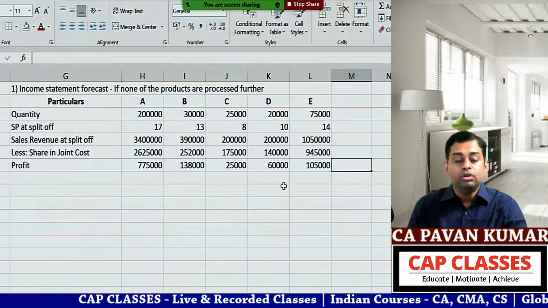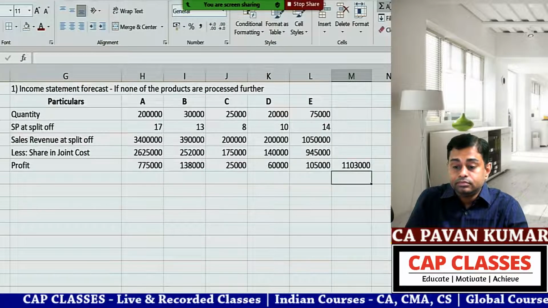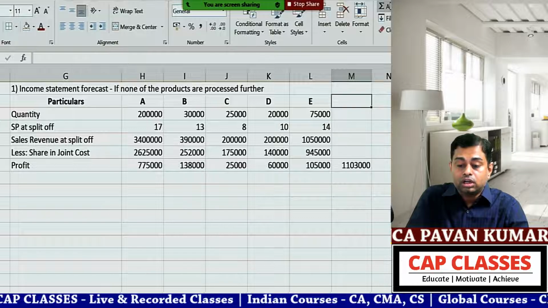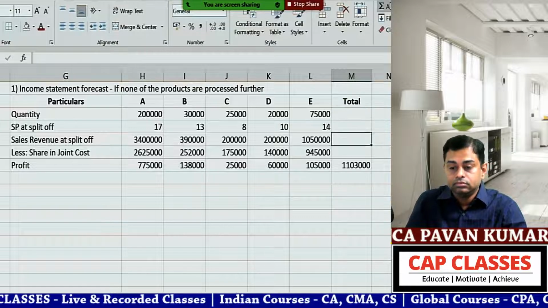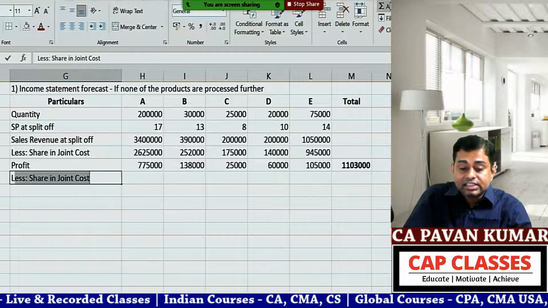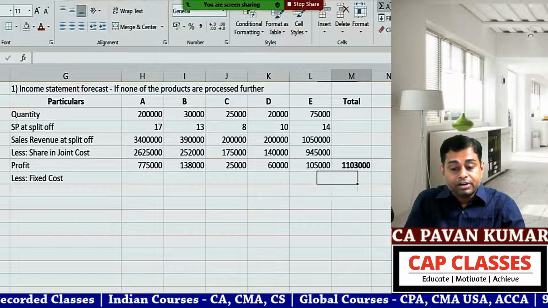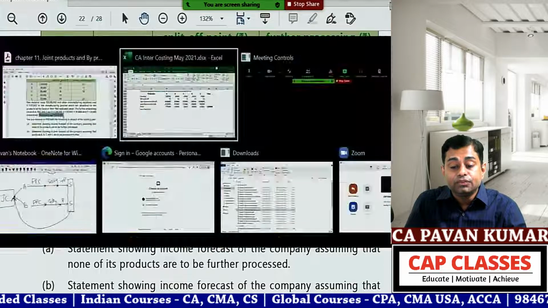So what we do is, we calculate total profit. So we put a total column here. What is my total profit? 11,30,000, less fixed cost. Here we subtract. How much is it? 4,73,000.